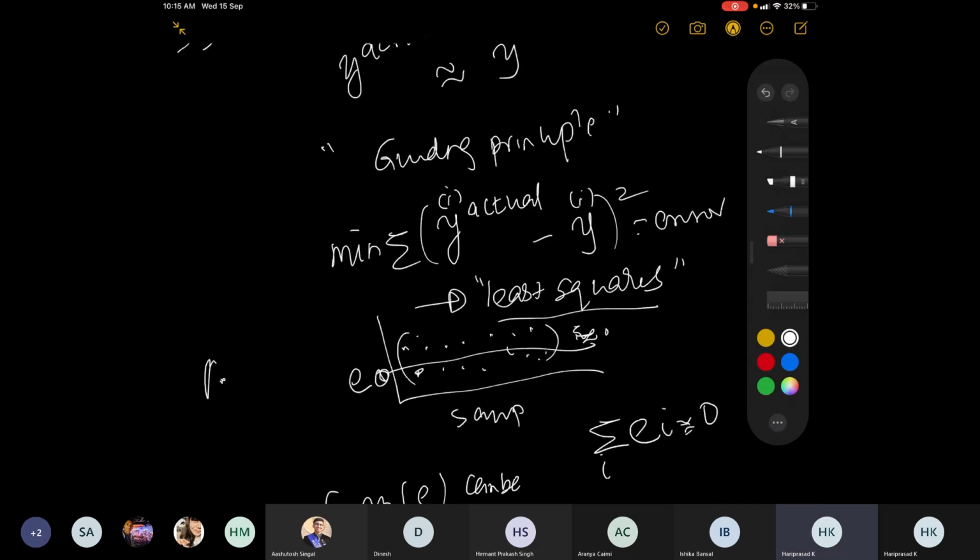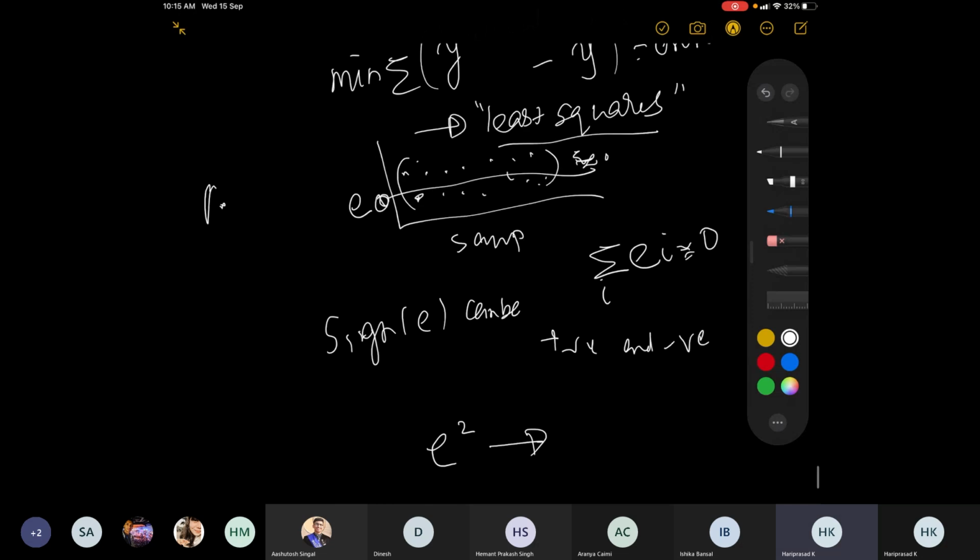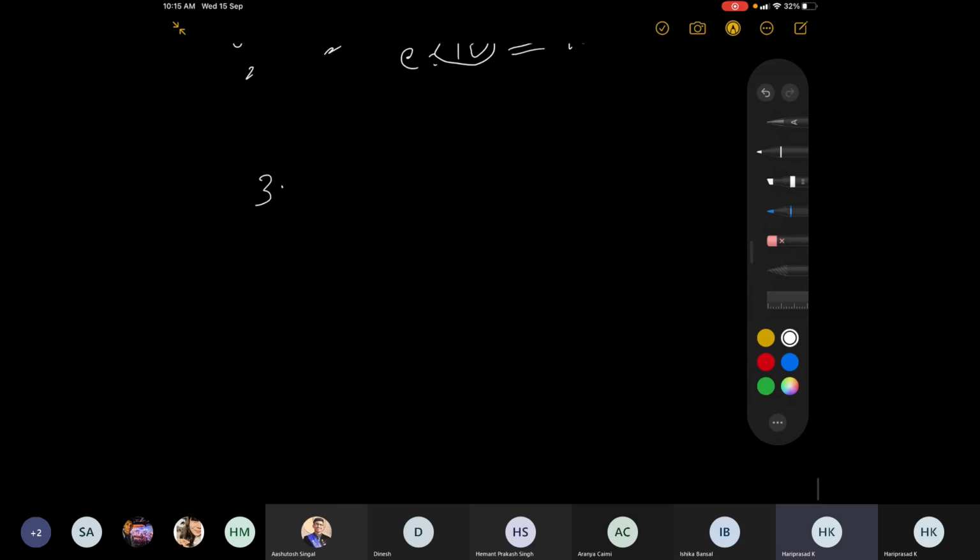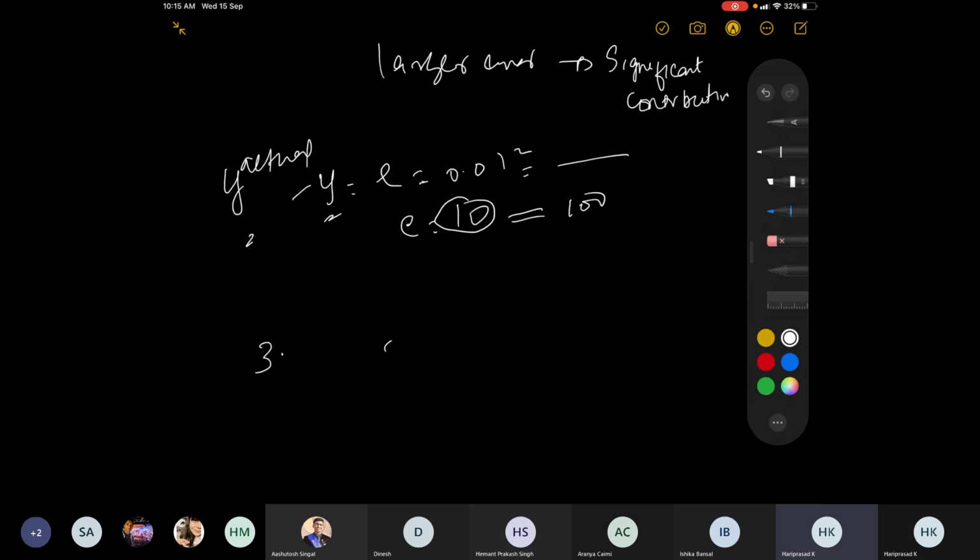So if you consider the minimization, how do you minimize error? Of course you have to take the derivative with respect to the corresponding value and equate it to 0.